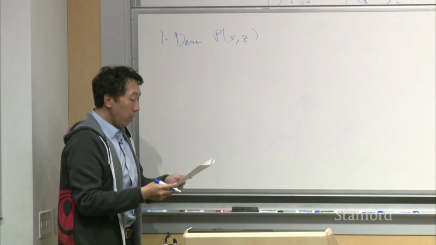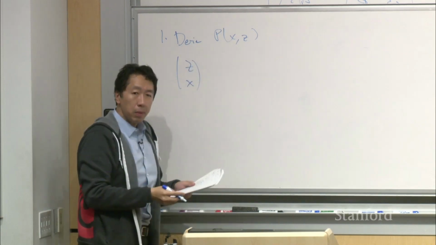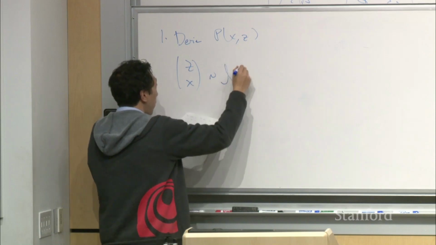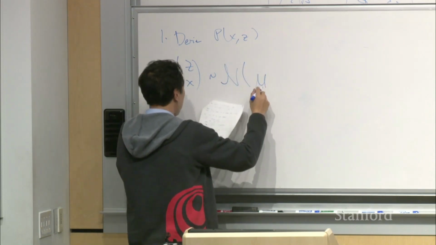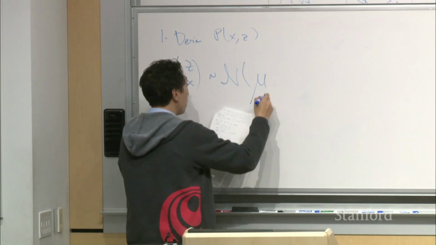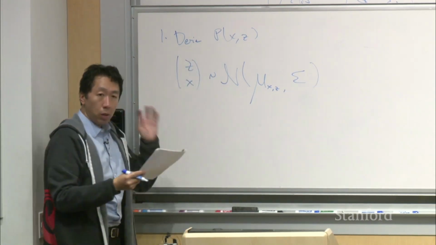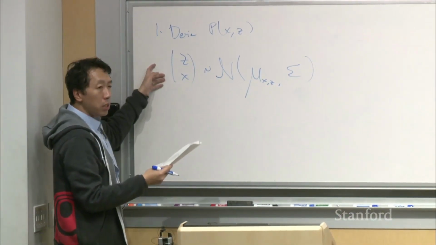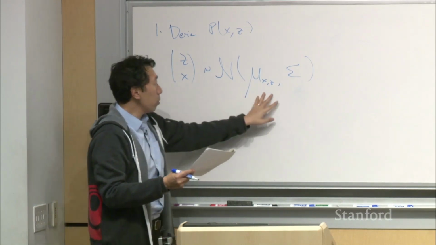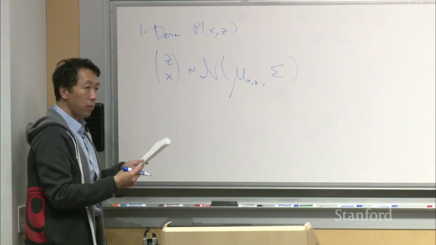In particular, if you take z and x and stack them up into a vector, then z and x viewed as a vector will be Gaussian with some mean and some covariance, because x and z jointly have a Gaussian density. Let's quickly figure out what this mean and that covariance matrix are.